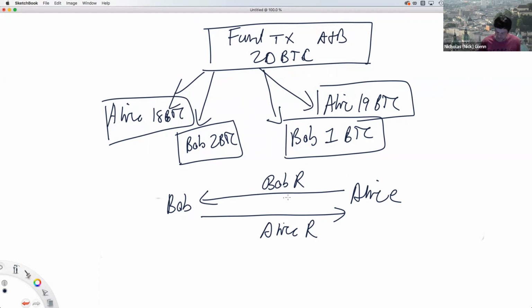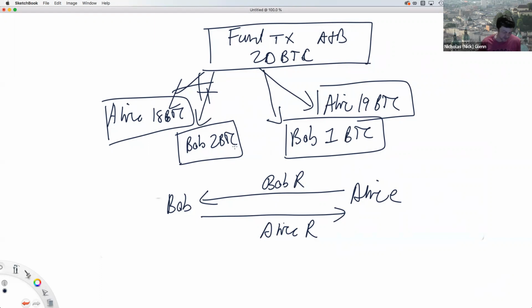So let's say they've done this. They've agreed not to use this transaction anymore. They sent these revoke keys to each other. And they send this additional message where Alice gets back 1 Bitcoin here. Well, what if Bob still tries to spend this anyway? Well, maybe Alice is not paying attention.